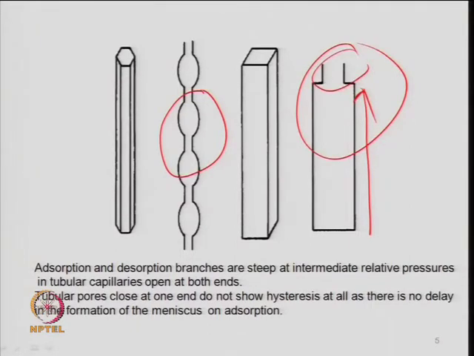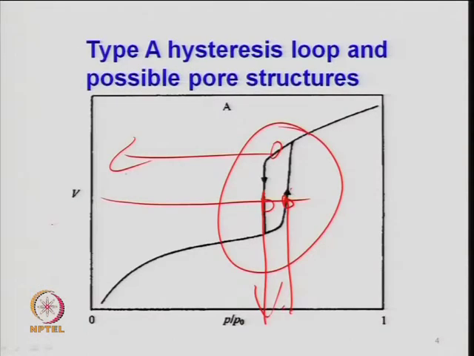So, there can be a different kind of hysteresis in the other system. What I have just discussed is that adsorption and desorption branches are steep at intermediate relative pressure in tubular capillaries open at both ends. So, this is what you have seen as type A, somewhere at the intermediate, but it can start from here also in some of the materials, right, that is known as type B adsorption hysteresis.